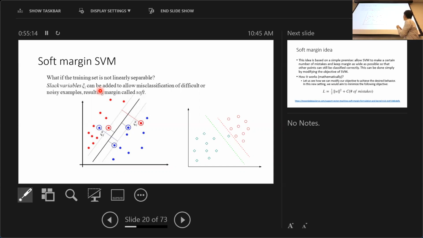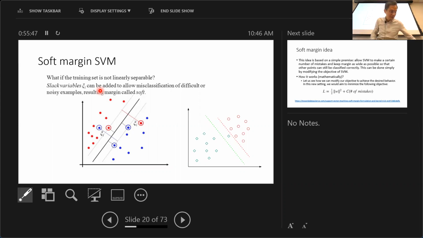Another example is if you consider this as an outlier, you have to somehow tolerate its impact. Otherwise, your support vector margin is very narrow, but in reality you want to first remove it, and consider this maybe a better solution. In the end, it gives you better classification power for new data, because this point is likely to be mislabeled. You have a couple of those.